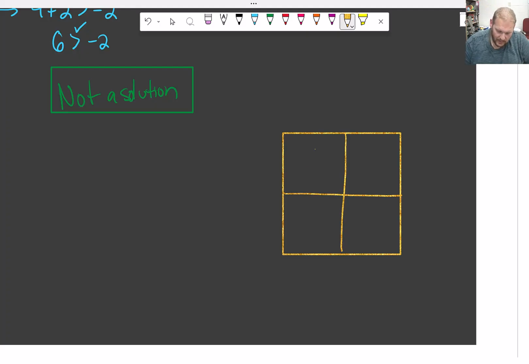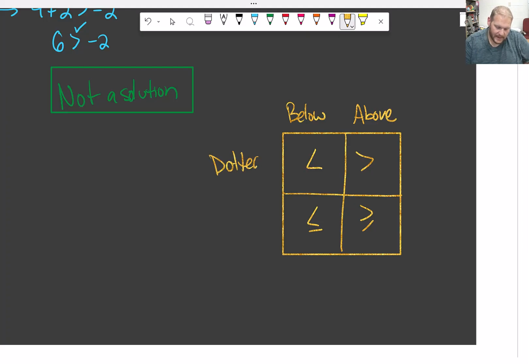Remember, in this first column, if it's less than or equal to, we are shading below. If it is greater than or equal to, we are shading above. When it doesn't have an or equal to, that was a dotted boundary.